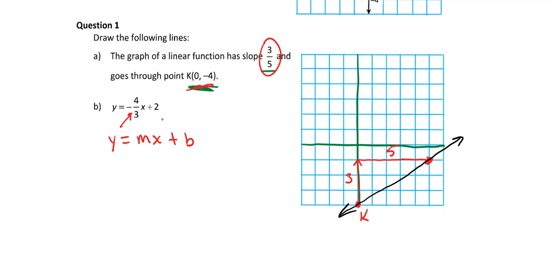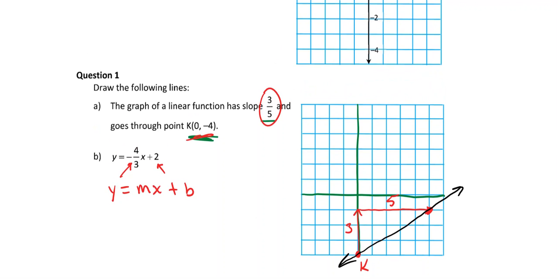Do you guys remember the significance of our b value? What is our b value on this? Perfect. It's going to be the y-intercept. It's worth reviewing why. If I'm looking at where this lands on the y-intercept, our x value there is equal to 0.